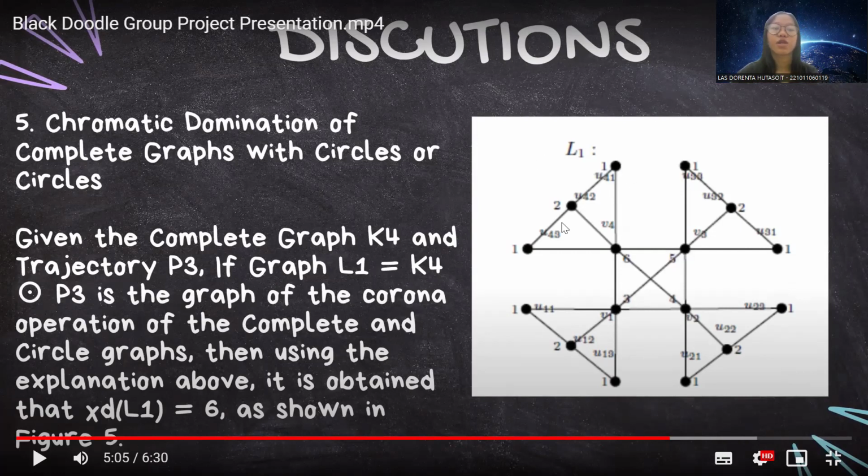This is figure 5 of chromatic domination of complete graphs with path or circle.